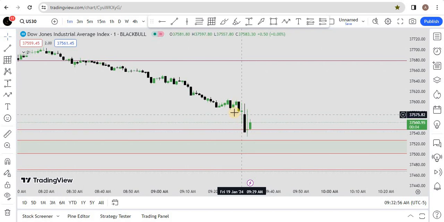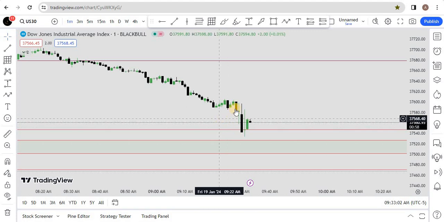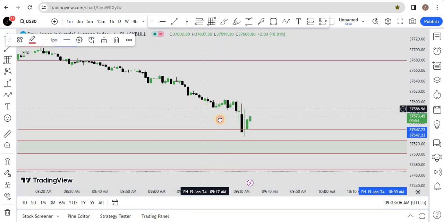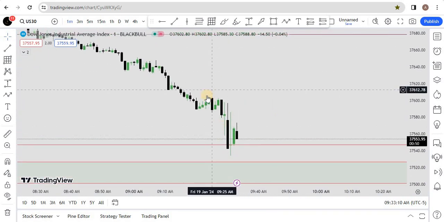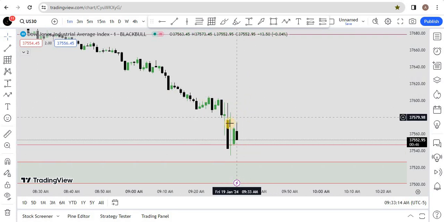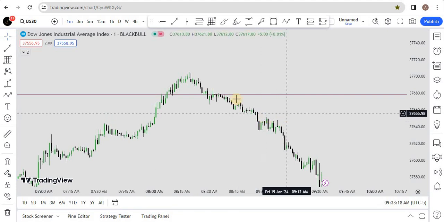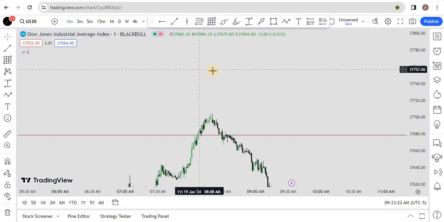Here, if I want to buy, shall I buy because it tapped on the order block? No, I want more price action before entering this trade. I want a market structure shift and a fair value gap, and then we will target the relative equal lows and finally these equal highs.